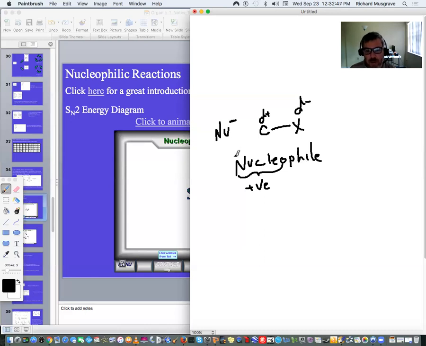So something that is attracted to positive charges, and that would explain why most of these things usually have a negative charge. If they don't have a negative charge, they'll sometimes have a lone pair of electrons. So this N in ammonia is said to be nucleophilic. You'll often hear that term.